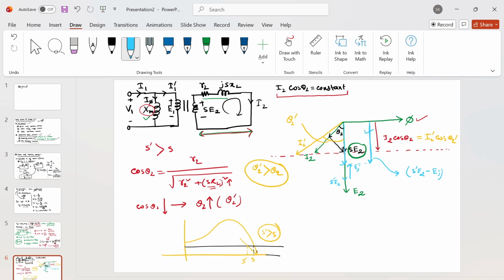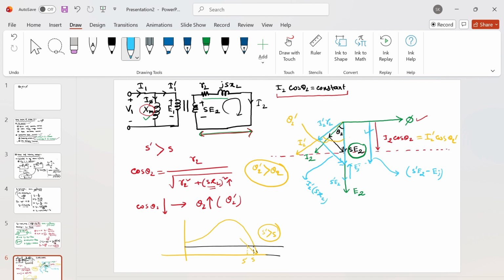Now if you do the phasor sum of the rotor resistance drop and rotor leakage reactance drop and all, so if this is your rotor resistance drop at steady state, I2 R2, then this will be your drop of I2 prime S X2.